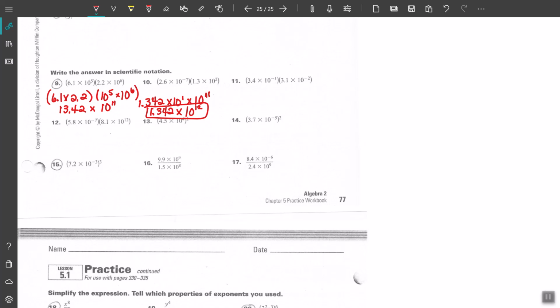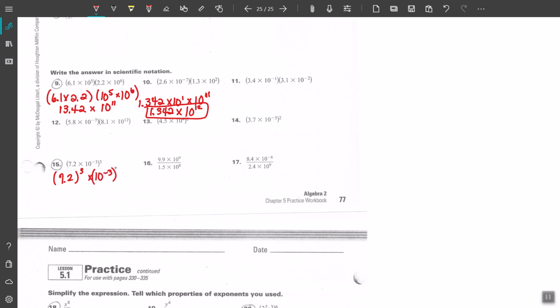On 15, we're going to take that 3 that's being raised to, and we're going to apply the power of a power. So this is like number 4 up above. You're going to raise the 7.2 to the third power, as well as the 10 to the negative third.